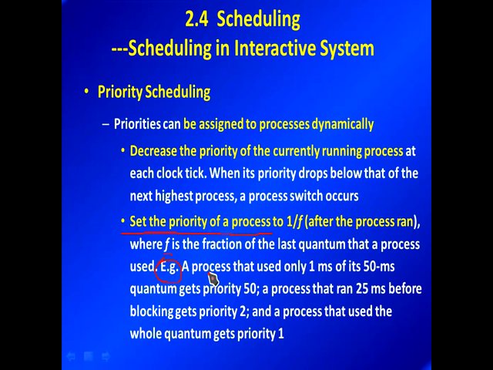So we assume a process used only 1 millisecond. We suppose the quantum is 50 milliseconds, and this process used only 1 millisecond, and then maybe it's blocked by an I/O operation, or maybe blocked by access to a critical region.